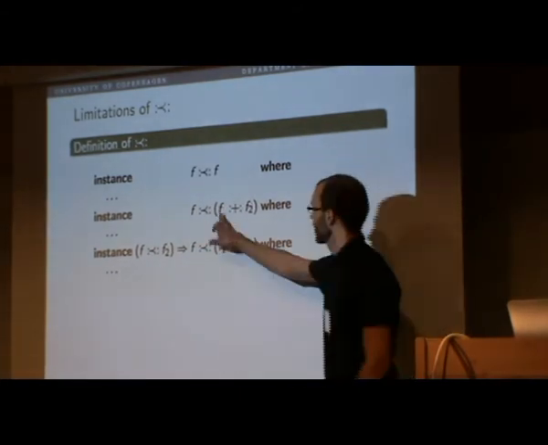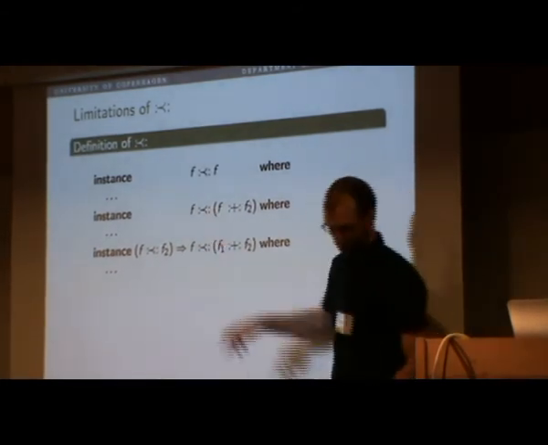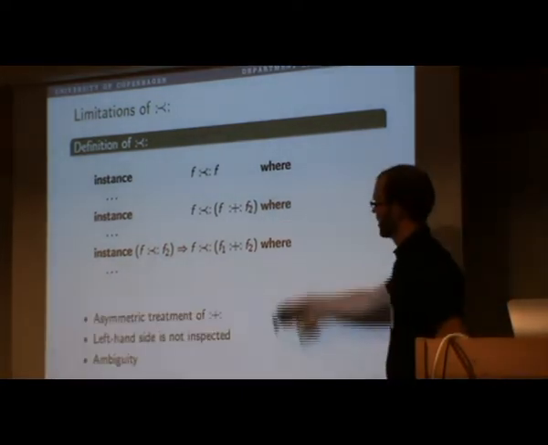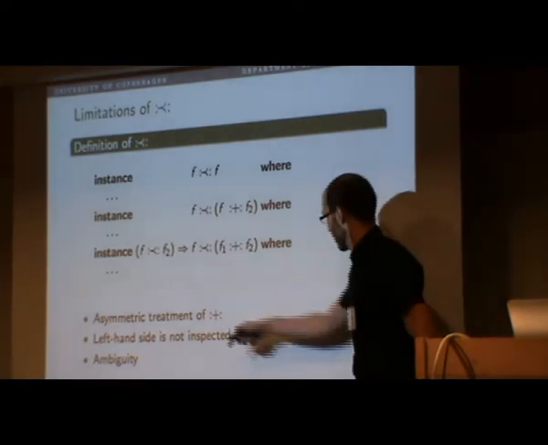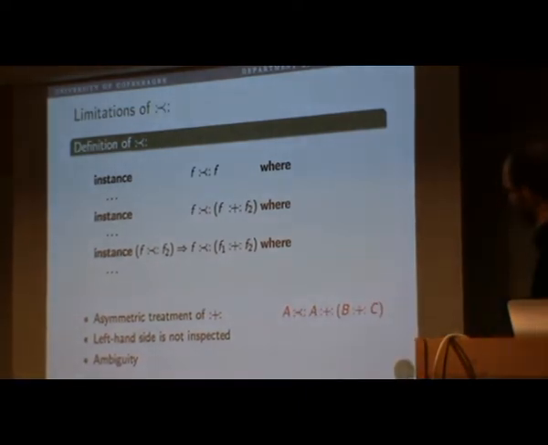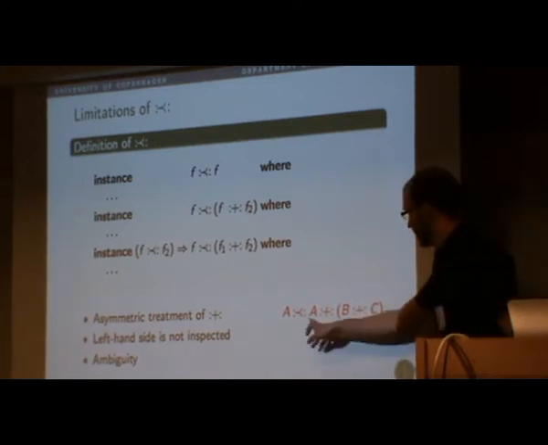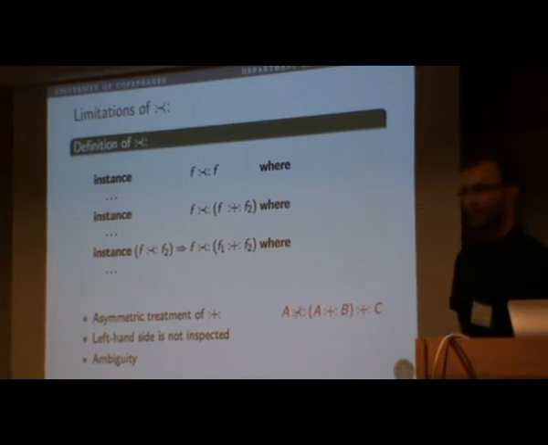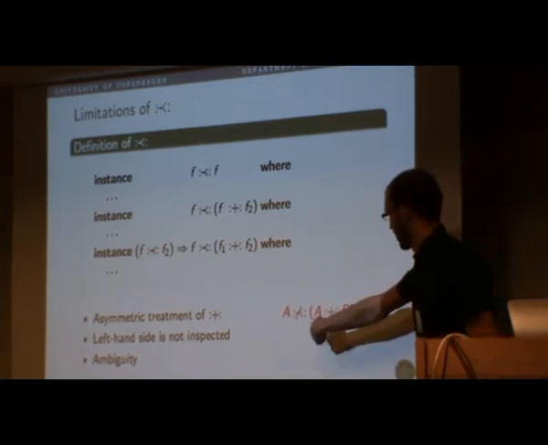We actually don't look into the structure of this f here. So we treat the classes here rather asymmetrically. This coproduct we treat asymmetrically, so that we have, for example, that A is contained in A plus (B plus C) with a parenthesis like this, but it is not the case if we put the parenthesis like that.